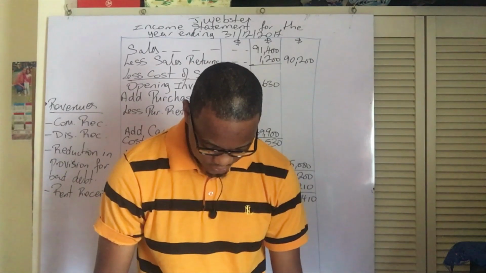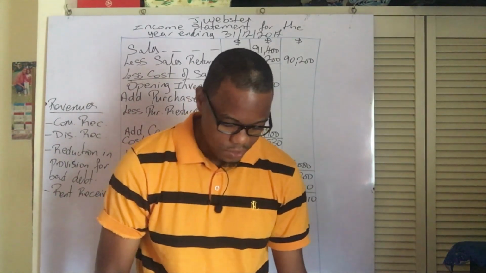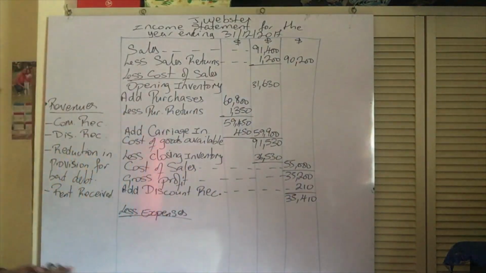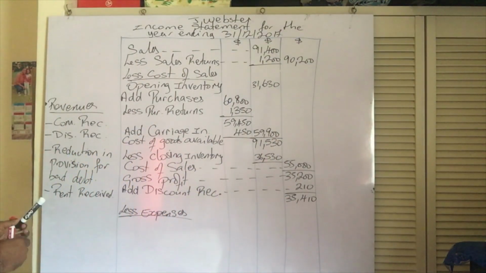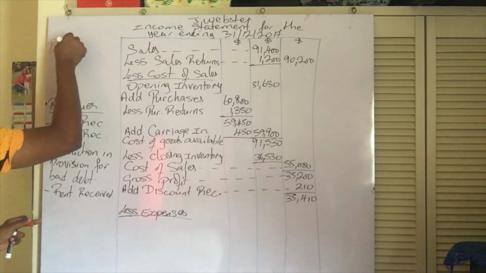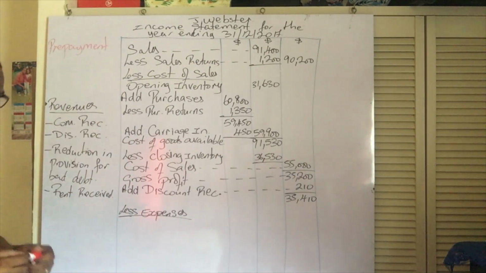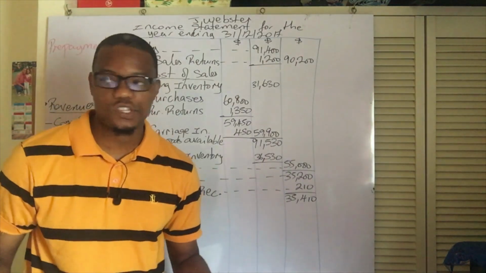It says footnote B, insurance prepaid, $44. Now the rule concerning prepayment. What is prepayment? Prepayment is when you are paying in advance for something.